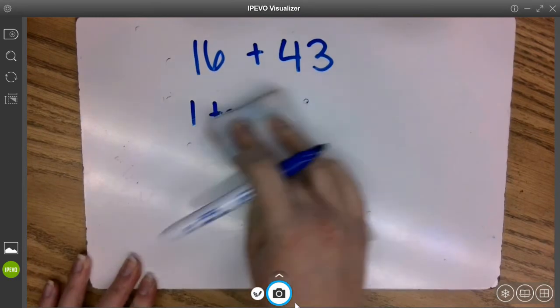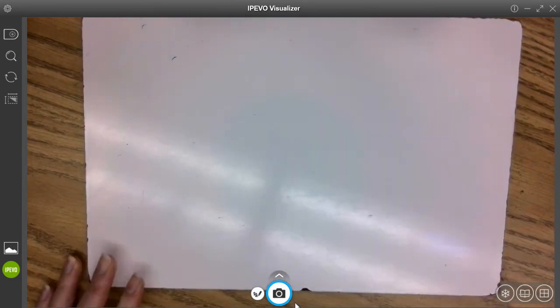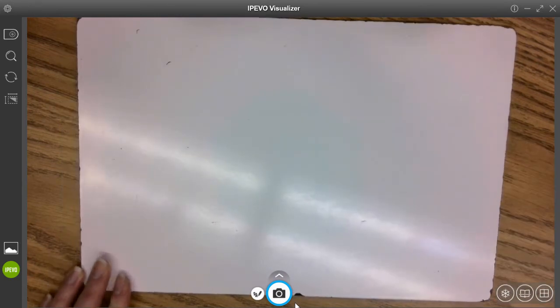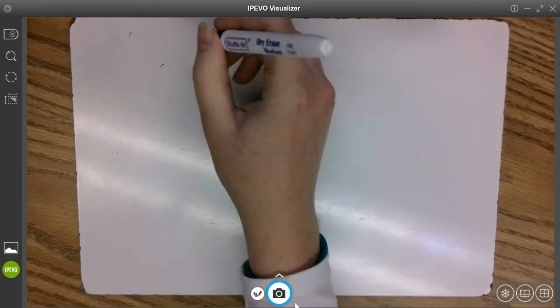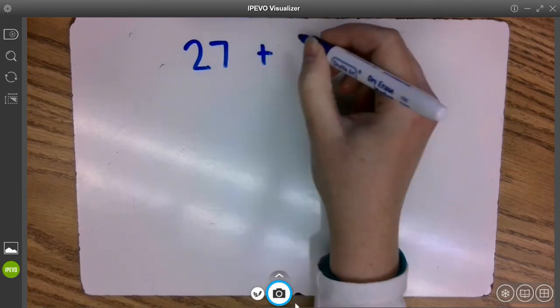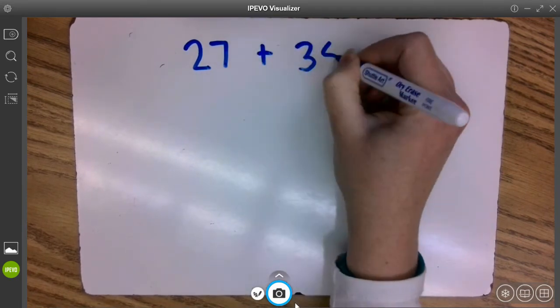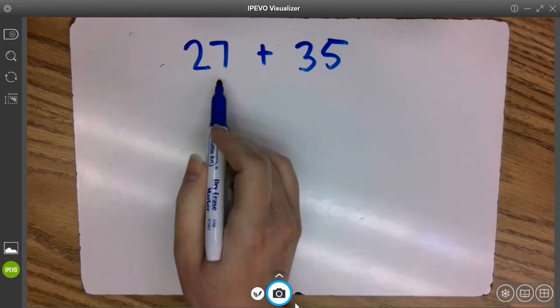Okay, but what if we get even bigger numbers or numbers that create other groups of 10? Well, we still just apply what we already know. So let's do an example of that. Let's do 27 plus 35. Okay, so we start the same way.